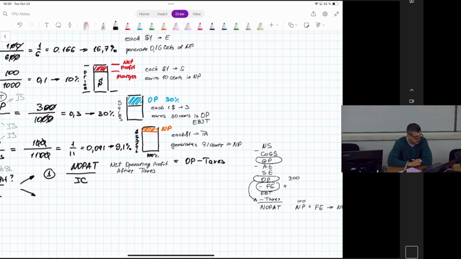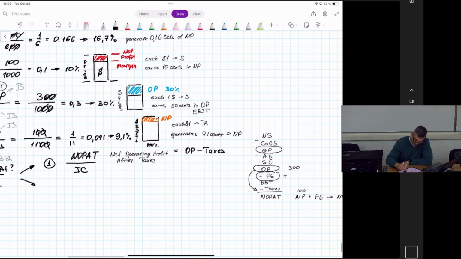Now, the question is, what do we mean by invested capital? Let me write it down here. Invested capital.